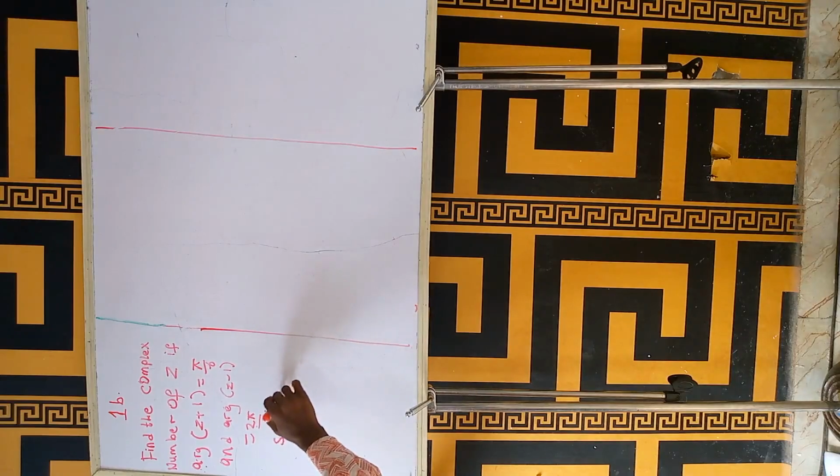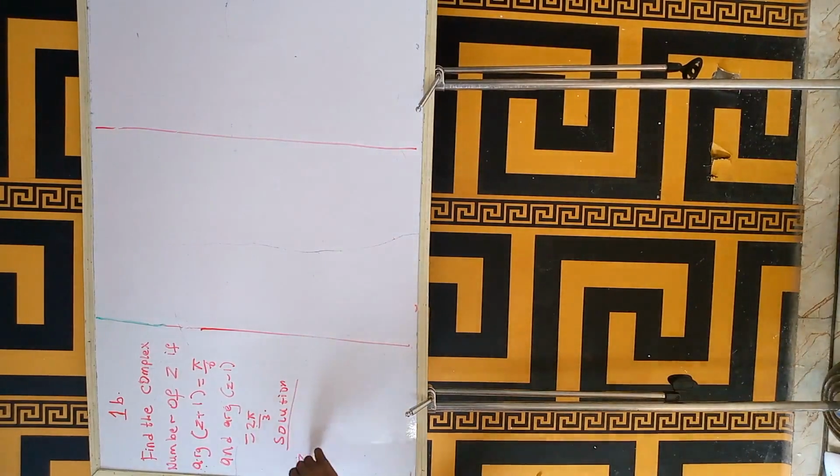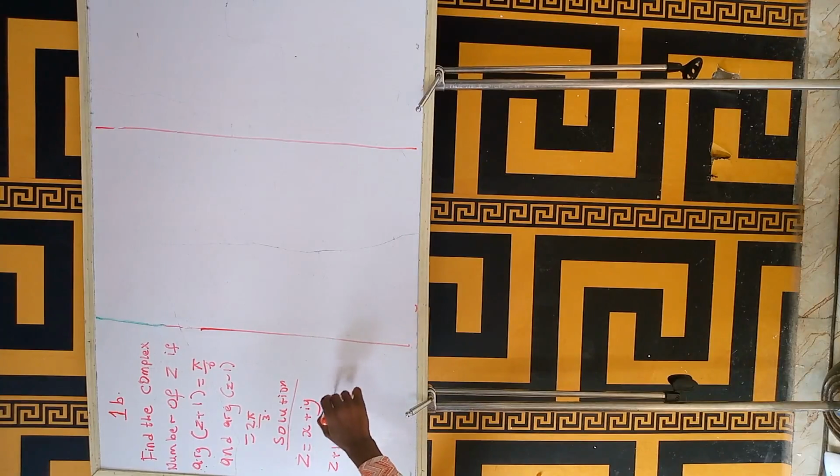We know normally in complex numbers that our Z, in rectangular form, can be equal to x plus iy. But in the question we are given the argument of Z plus 1. You can just say that Z plus 1 will be equal to x plus iy plus 1. Therefore, Z plus 1 will be equal to (x plus 1) plus iy.